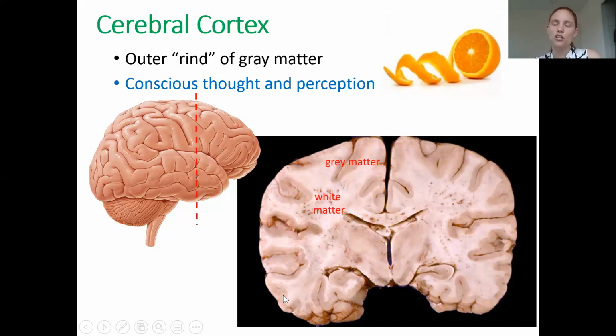Evolutionarily speaking, if you look at different creatures, you might notice that human brains aren't always bigger. What it really is, they're more wrinkled. So they have more surface area, and more surface area means more gray matter, which means more space and processing power for conscious thoughts and perceptions. So less just instinctual behaviors. Okay, so cerebral cortex, conscious thought.